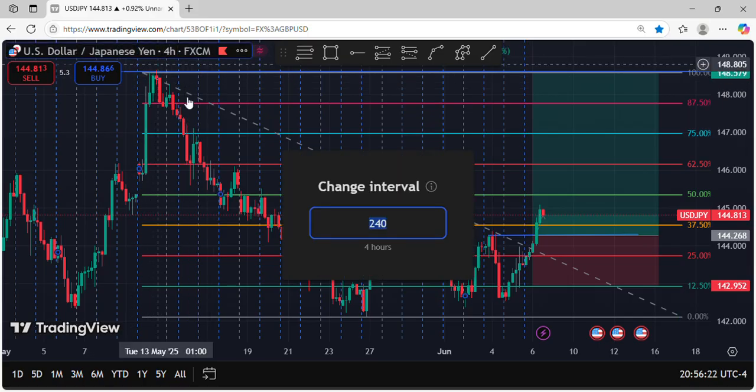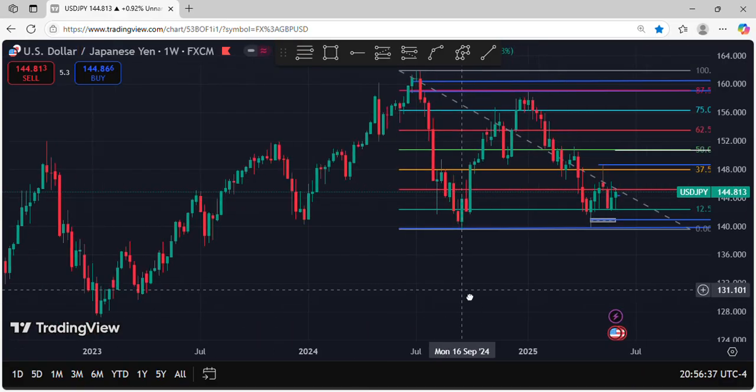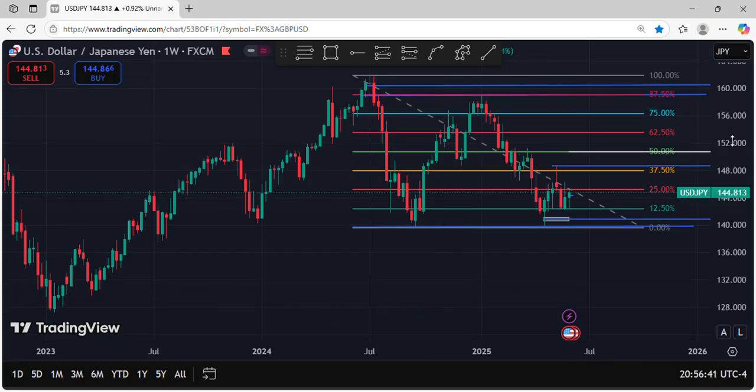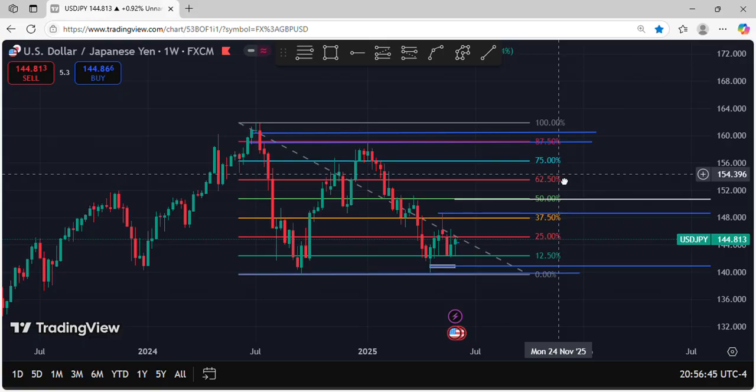USDJPY. So USDJPY, I would start with the weekly time frame so that we get things rolling. Okay, so on the weekly time frame with USDJPY, this is what we see.